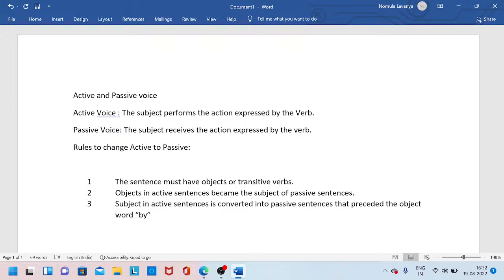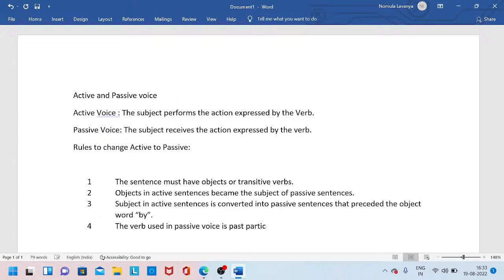Let us see rule 4 now. What is rule 4? The verb used in passive voice is the past participle.